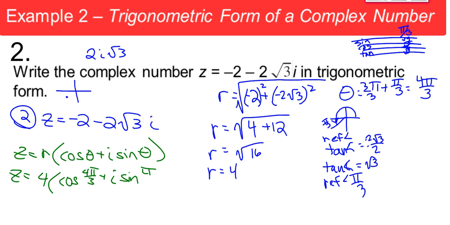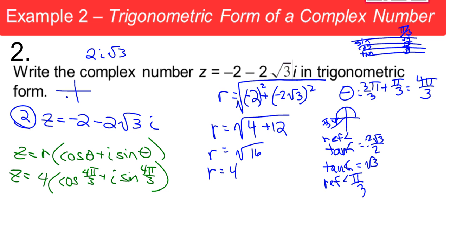Oh yes, I started a 4 and changed it into a pi. So sine 4 pi over 3. Notice they appear to be positive, but we know when we take sine and cosine in that third quadrant, those will be negative values. That can help us.